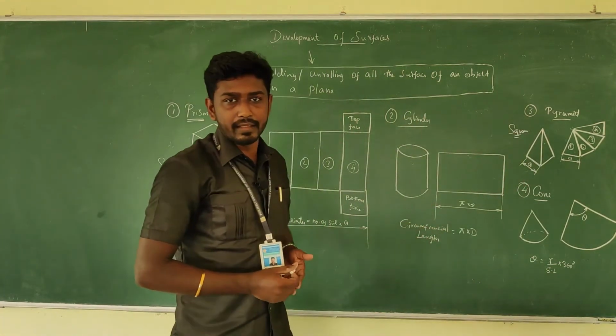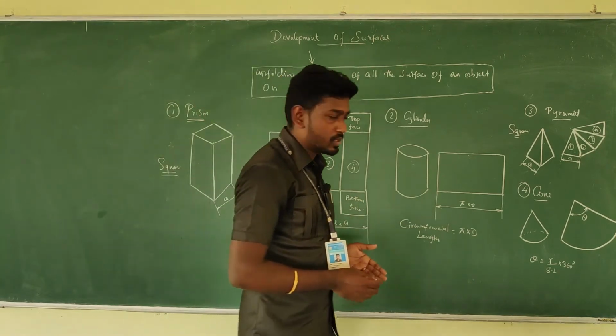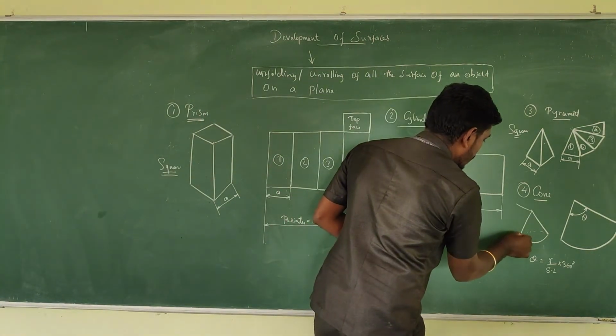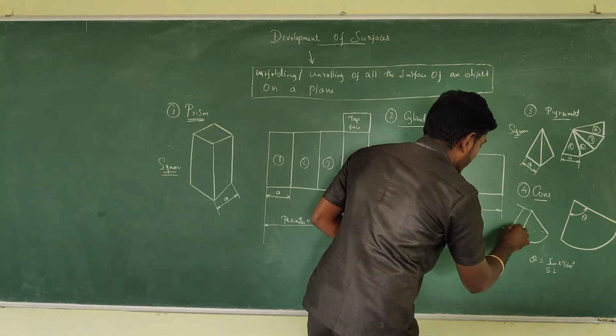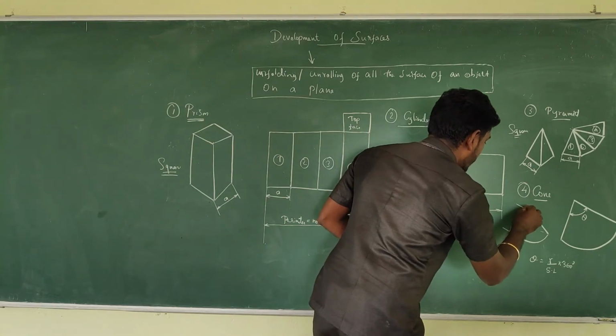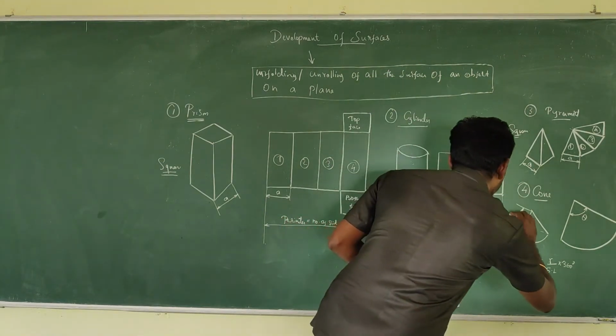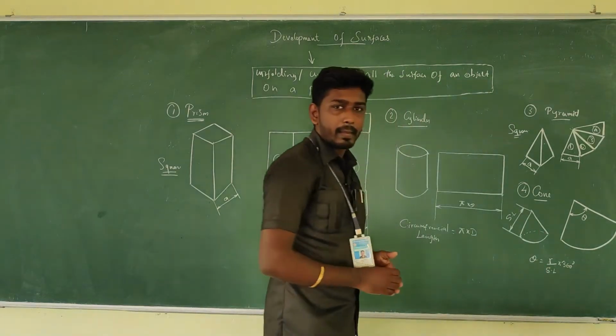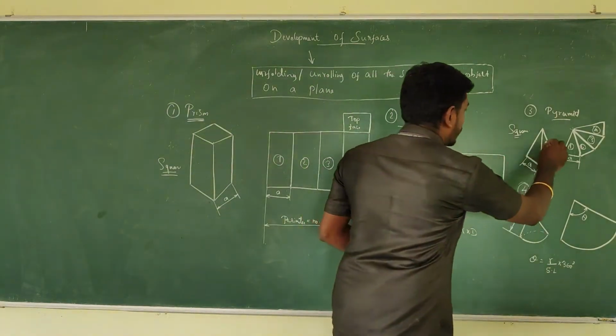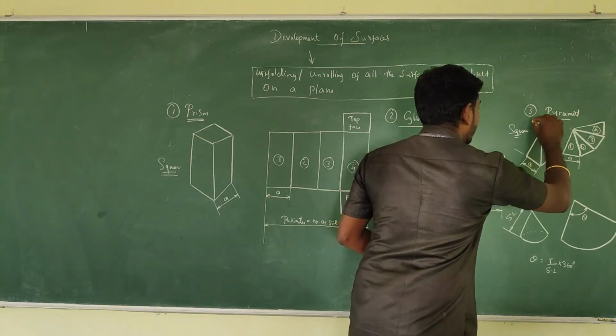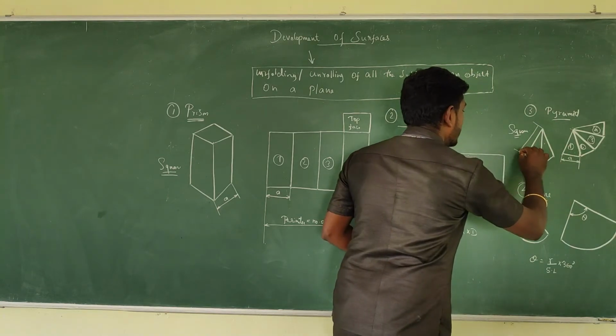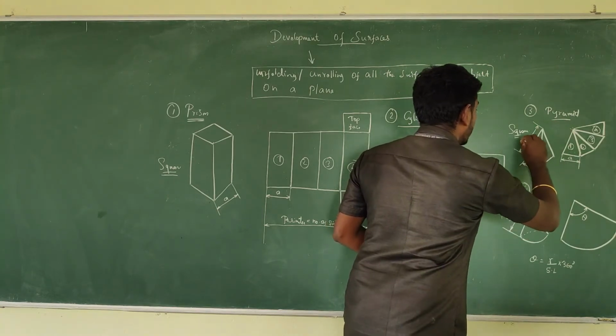What do you mean by slant length? Slant length in the sense this length, the generator line, shows the slant length. Here in the square, you can say this is the slant length of the prism.